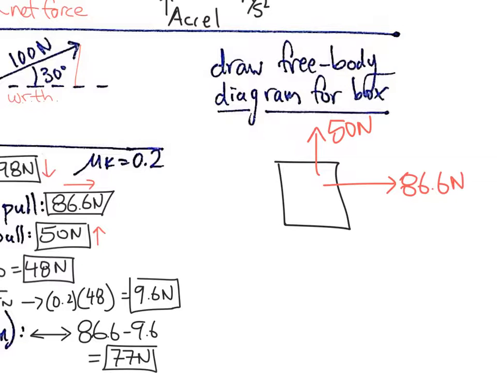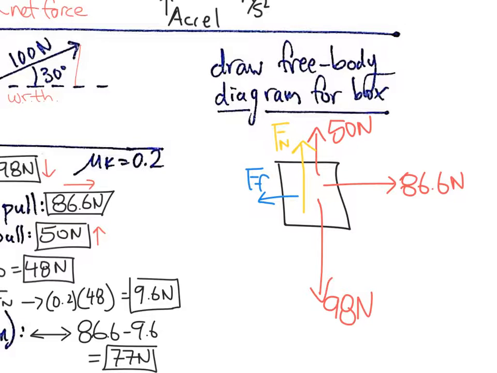So that's due to the pull. I'm trying to draw these to scale, 98 newtons, that's the weight. So Earth pulls downward. We know there's going to be some friction. We don't know what it is. And then there's one more force, and that is the normal force. So the floor pushing upward on the box, F sub n.